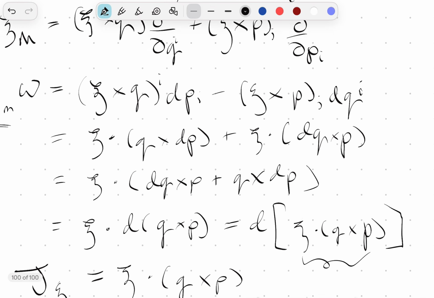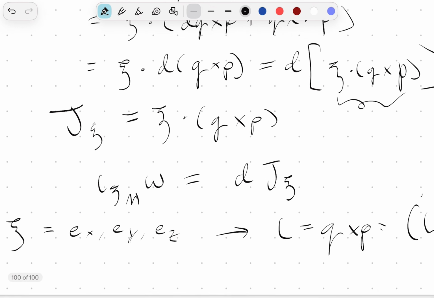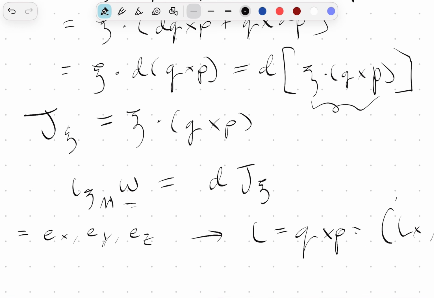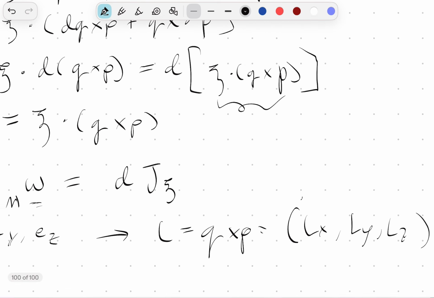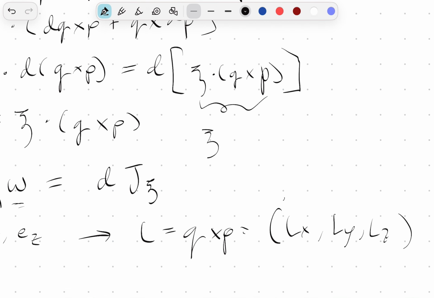And the symplectic form basically is asking us what function generates that exact flow. And the answer, of course, would be epsilon dot the angular momentum.